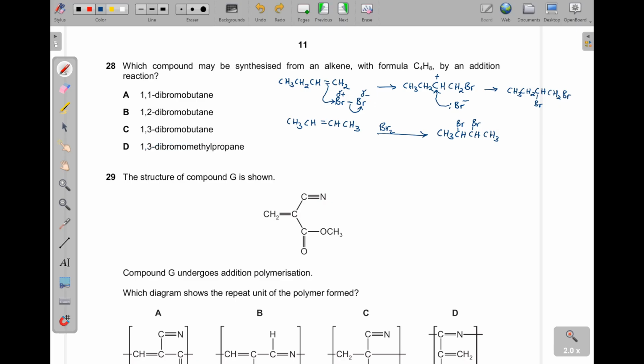Okay, how about this one here? This one is coming from an isomer here. Okay, we can cut off this using chain isomerism, and then we put this one here. So when we do so, of course, the hydrogen which is here is going to shift and then come to that one there.